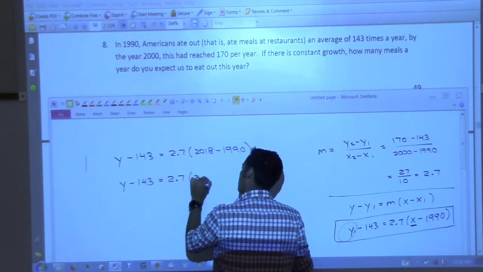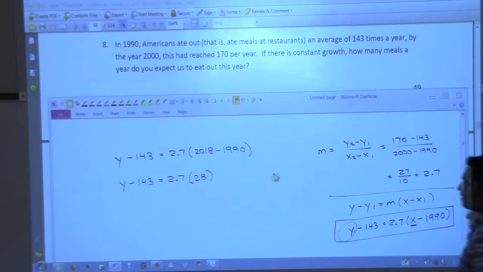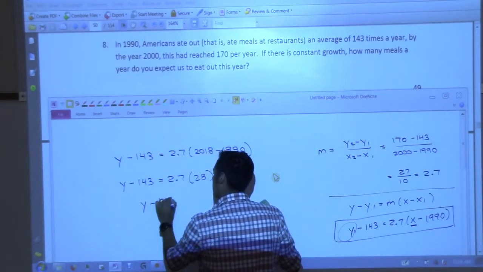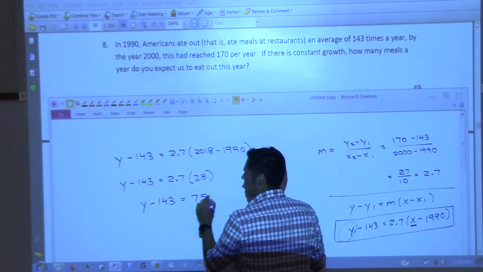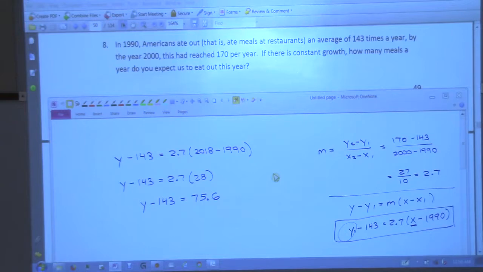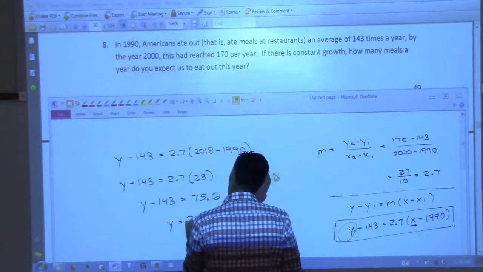Do what's in parentheses first, and then do the multiplication. 75.6. Is that the final? No. Okay, all right, so y minus 143 equals 75.6. And then finally, add 143, so 218.6.